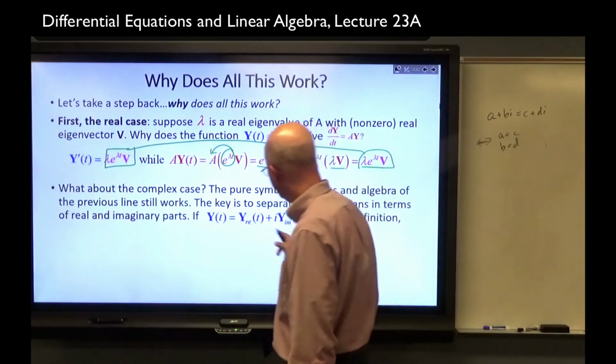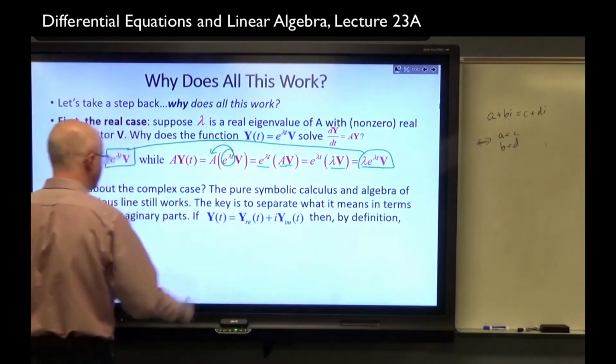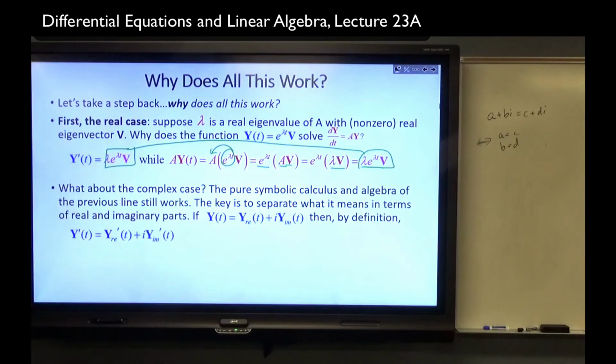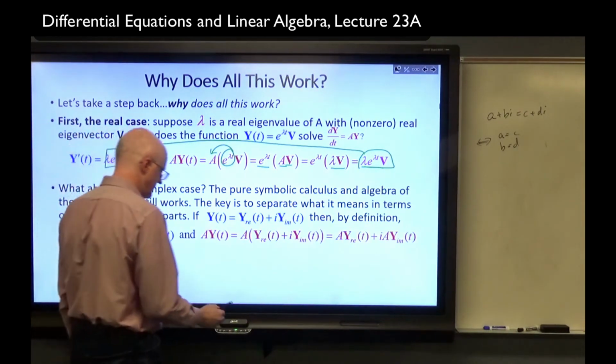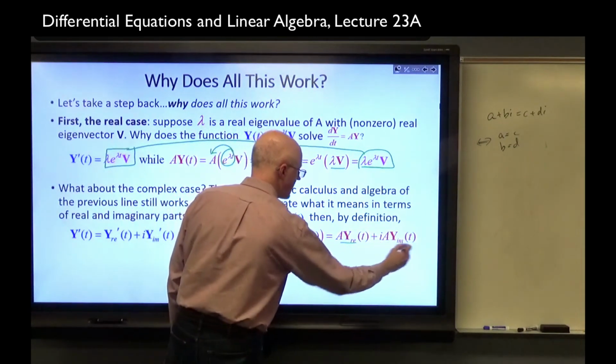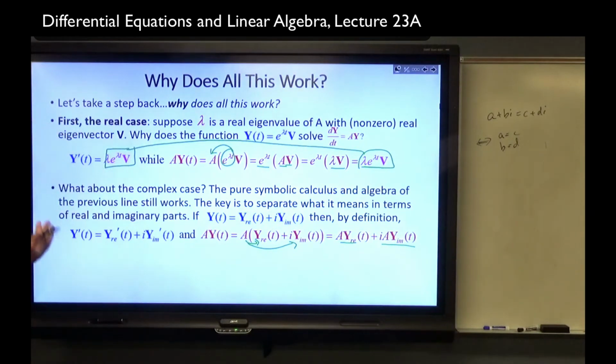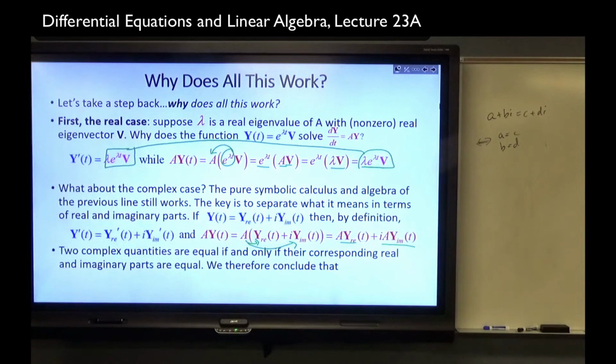And by definition, when we differentiate this, we differentiate the real part and then add i times the derivative of the imaginary part to get this. And when you multiply times a matrix, you do distribute the matrix through to get this, and you can factor out the i in front of the matrix. All the things you would hope to be true symbolically are true. Two complex quantities, like I just said, are equal if and only if their corresponding real and imaginary parts are equal.